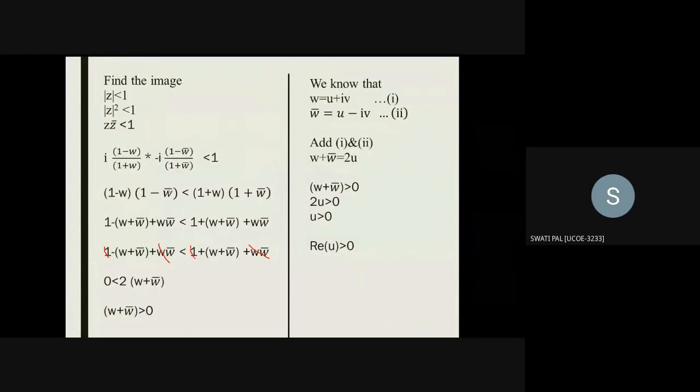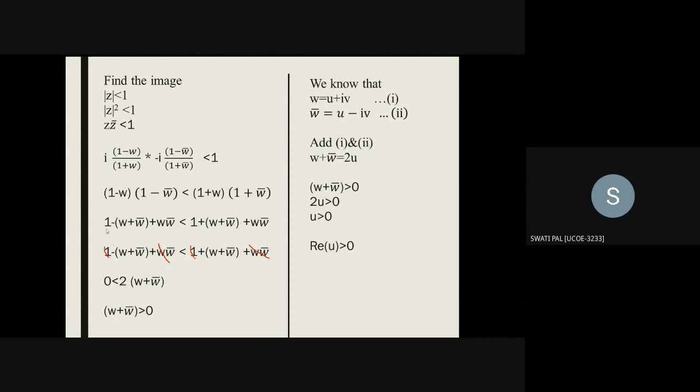In the next step, i and minus i multiply to give 1, and by taking all the denominators to the right side, we get (1 minus w) into (1 minus w bar) is less than (1 plus w) into (1 plus w bar). After solving each of the brackets, we get 1 minus (w plus w bar) plus w into w bar is less than 1 plus (w plus w bar) plus w into w bar.